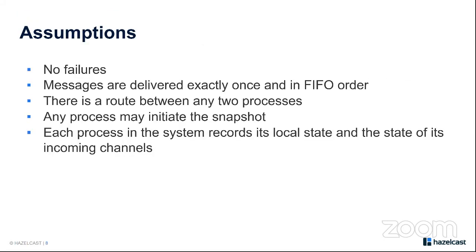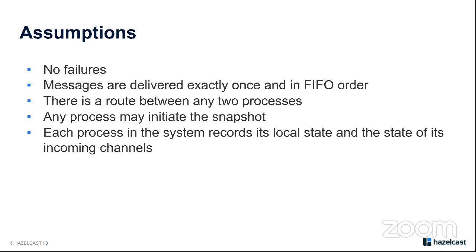This algorithm, to function properly, has a few assumptions. First is that it doesn't handle any failures. So if there is any failure in the distributed system, the algorithm just has to abort. It also assumes that the messages over the channels are delivered exactly once and in first in, first out order. So the channels are reliable, just like TCP connections.